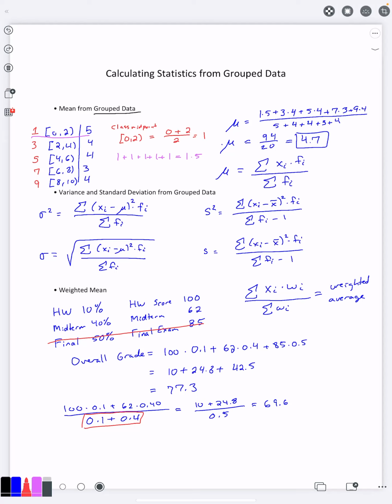So this weighted average formula will work whether you're at the end of the semester and you don't have to divide, or if you're in the middle of the semester, you need to divide by how much you've done so far. And that is really one of the most useful things that you're going to see in this class, because every other class you ever take, that's pretty much how your grade is going to get calculated. And it's important for you to understand that so you know what your Blackboard or Canvas is telling you for your grade and where it's coming from.